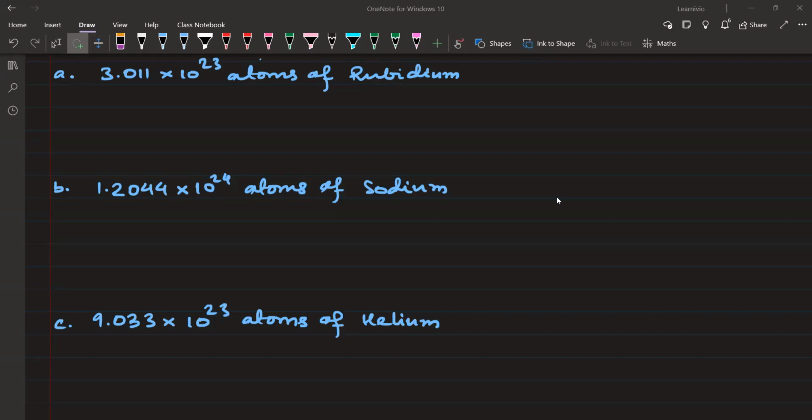Moles, that many moles. You can write it extensively, like this many moles of atoms of rubidium, but that is just context, what the atoms are of. The answer is correct. Only mole is the unit.